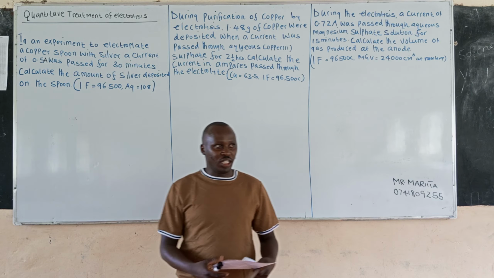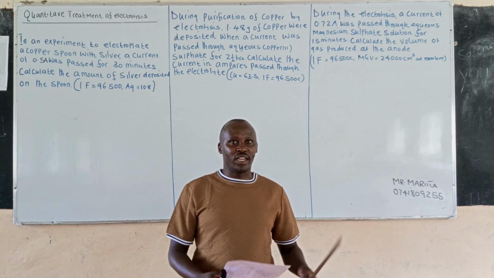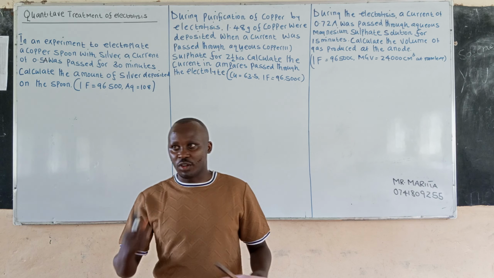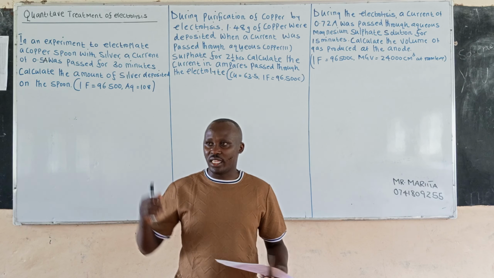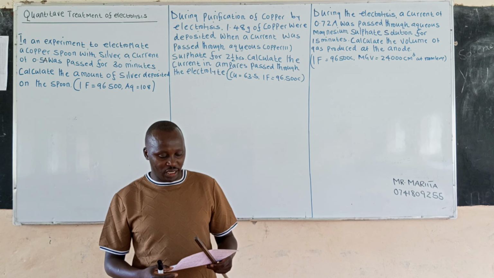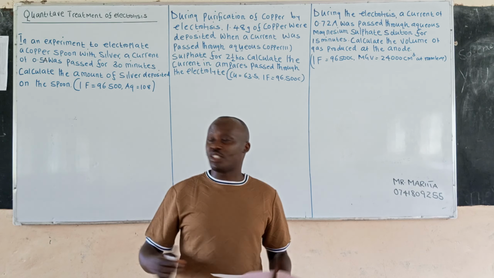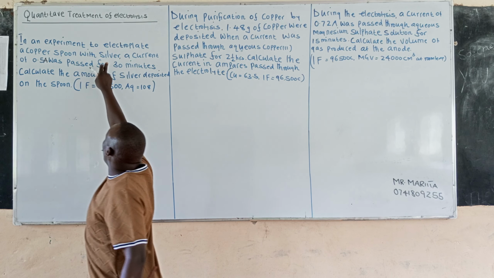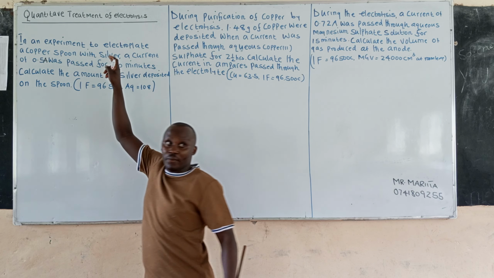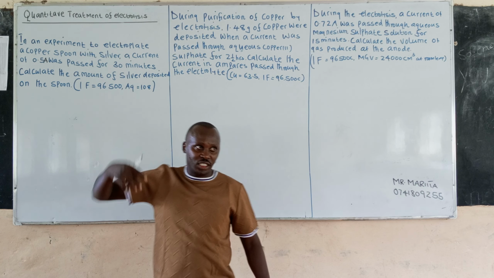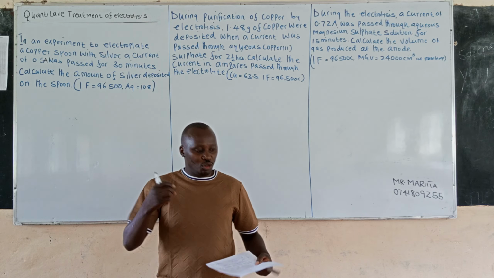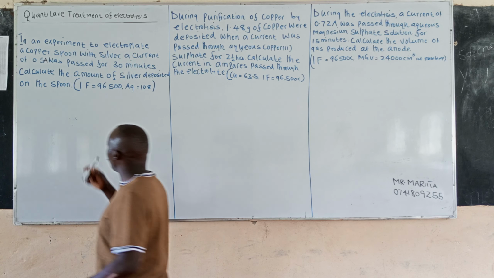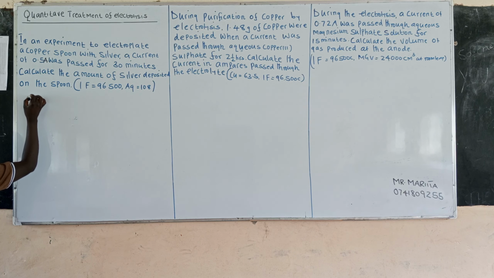Here in this question we need the amount of electricity, the amount of charge. But first, during electroplating, silver metal is deposited at the cathode. So at the cathode we have Ag+ plus 1 electron giving solid silver.